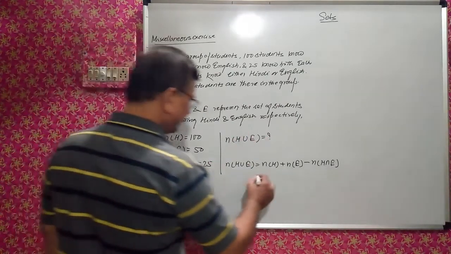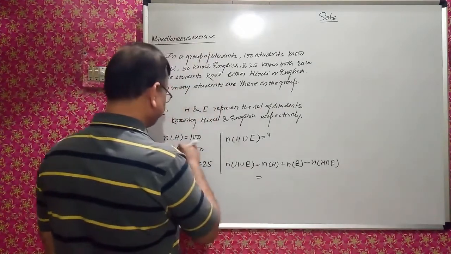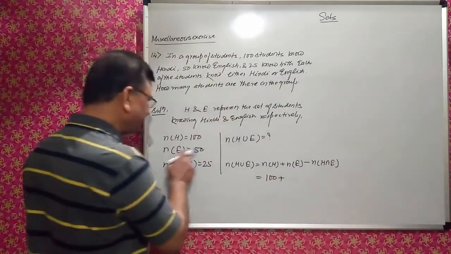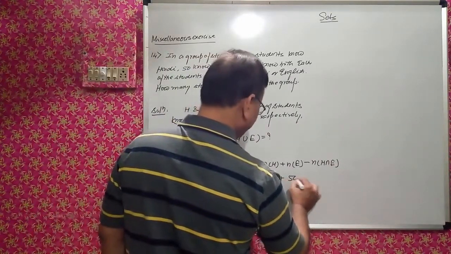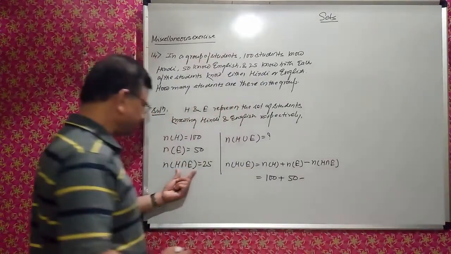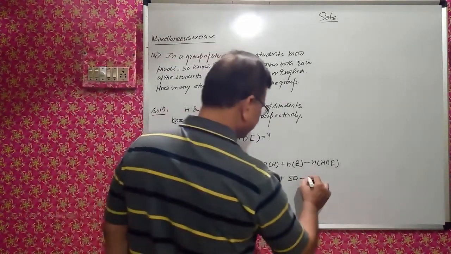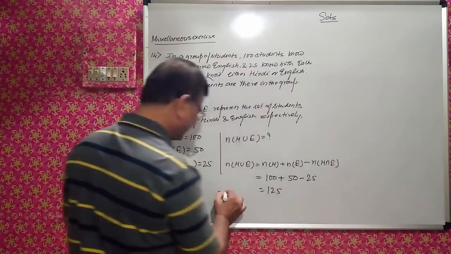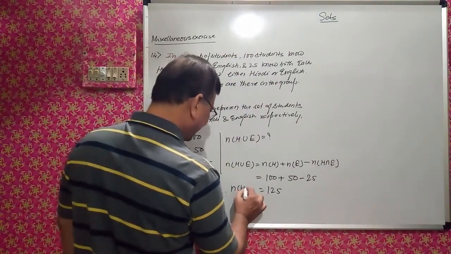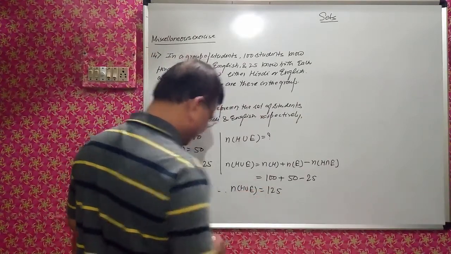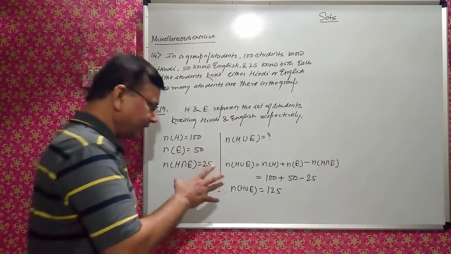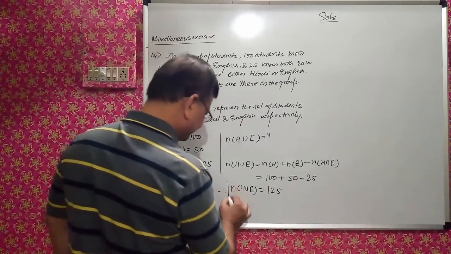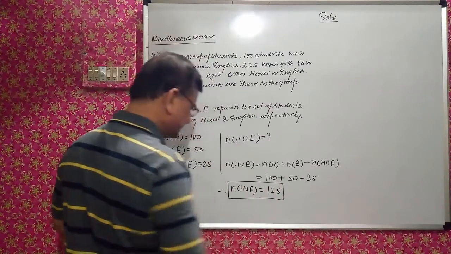Therefore, N(H) is given here as 100, N(E) is given as 50, minus N(H intersection E) is given, this is 25. So we got 125. Therefore, N(H union E) is equal to 125. So total number of students is 125. This is the answer.